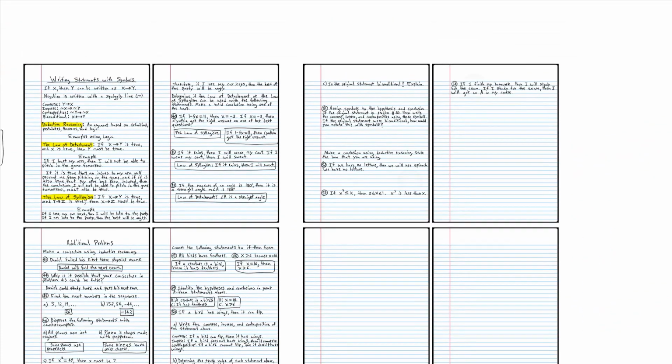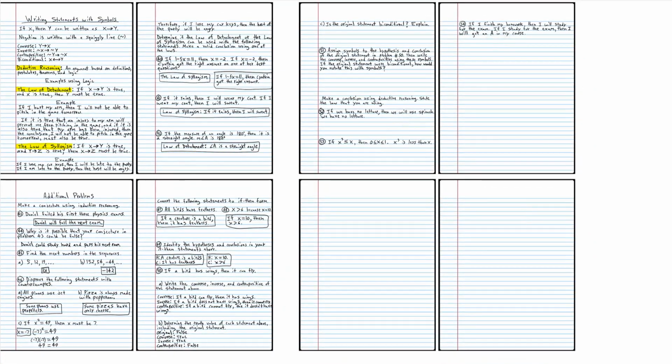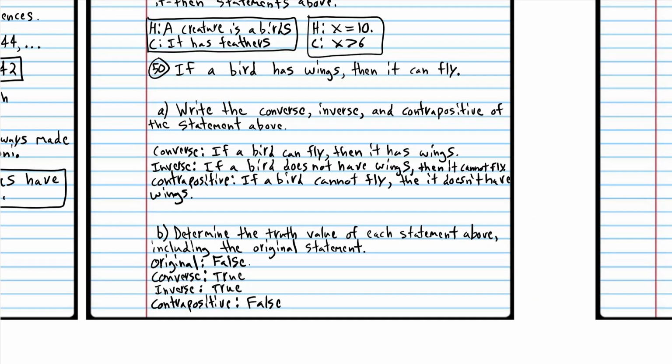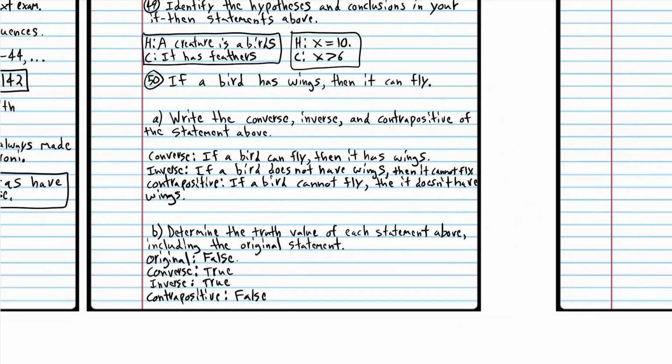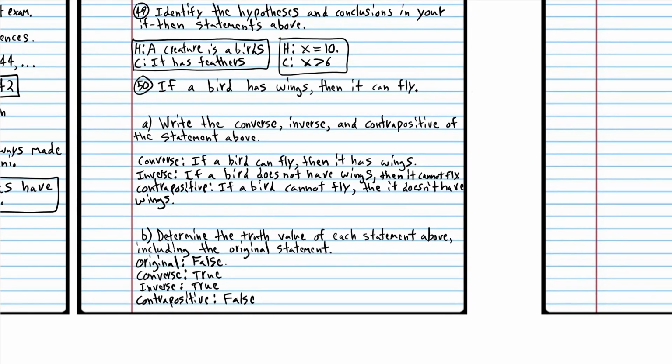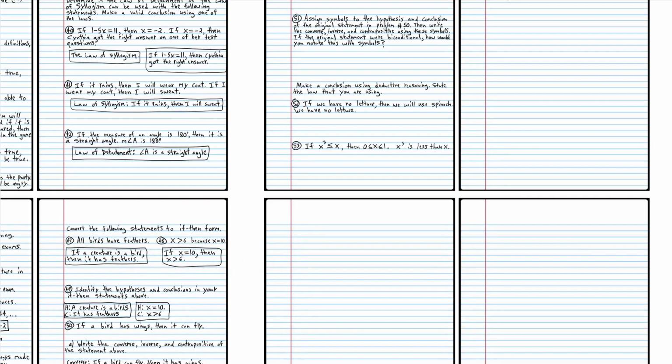All right, so on to part C. Is the original statement biconditional? Well, the original statement was false. In order for the original statement to be biconditional, the original has to be true and the converse has to be true. But because the original was not true, it's not biconditional.